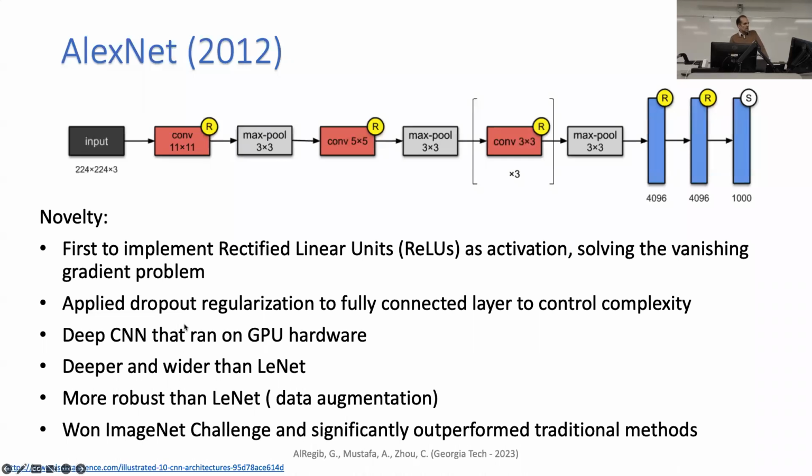So this is the first one that really showed ReLU as an activation to solve the vanishing gradient problem with sigmoid. Sigmoid and the hyperbolic tangent have the vanishing gradient. We talked about that last time, right? Remember when we said take the derivative, the Jacobian is small. Even if you have a big change in the input, the gradient will not change much.